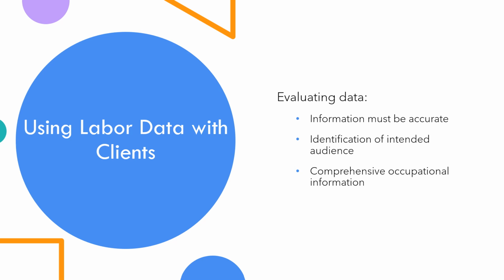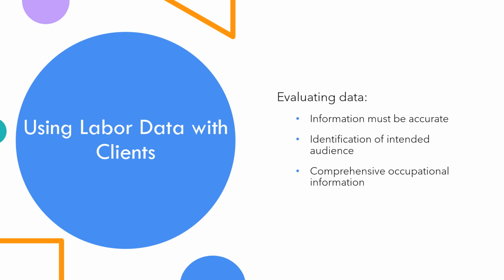And then we want to make sure that it's comprehensive. So we're getting a full understanding and picture of the career landscape that we're presenting to the clients. We, again, want to make sure that it's not skewed data, it's not been selected in a certain way to make the outcome look some other way than it actually is.